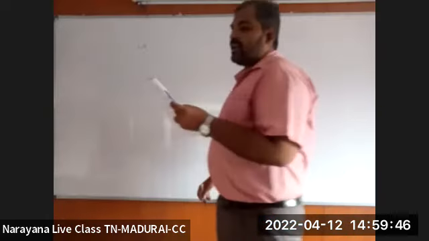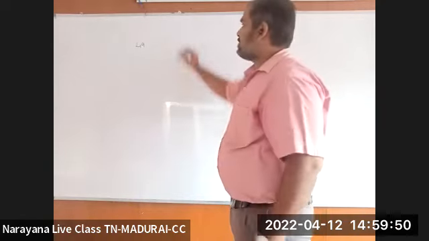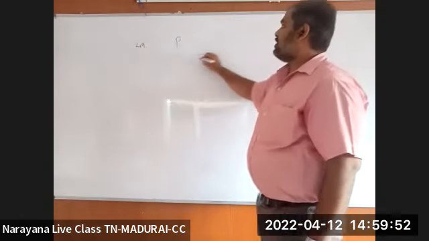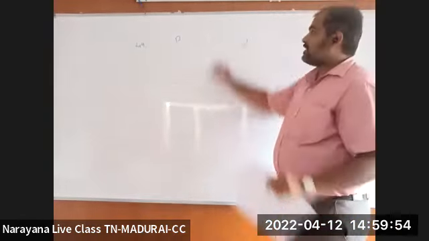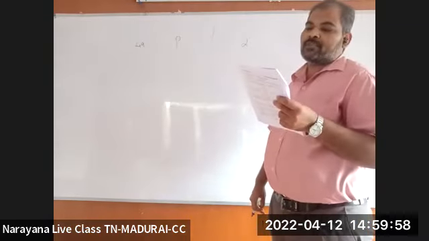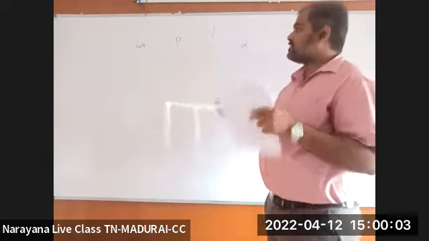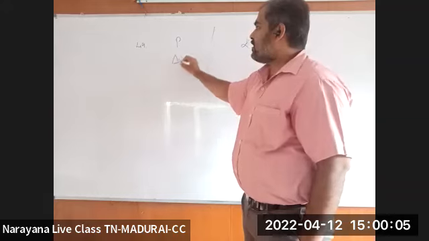Question number 49. A proton and an alpha particle are accelerated. This side, I'll write proton. This side, alpha particle. Two situations mean two equations will come. Accelerated through the same potential drop, means here how much potential drop is there?